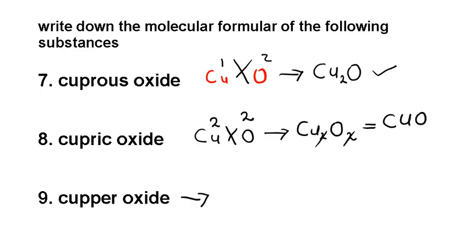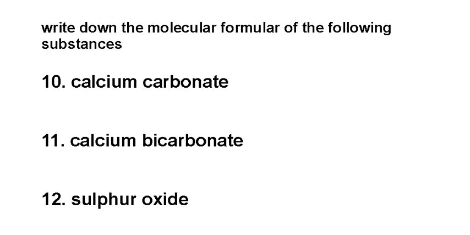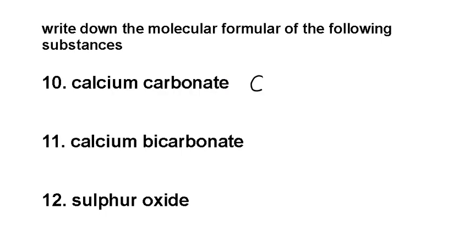All right, let's look at calcium carbonate. Calcium carbonate is made up of calcium, Ca, and carbonate, CO3. The valency for calcium is 2, and that of carbonate is also 2.